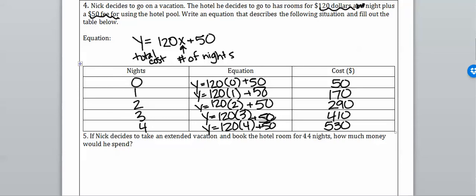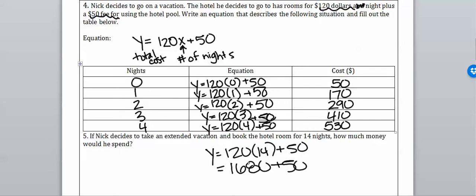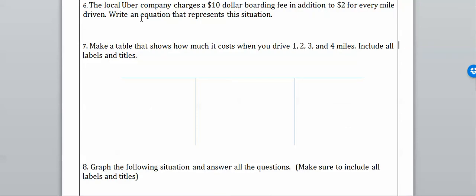So if he would decide to stay for 14 nights, then we take our equation, plug 14 in, and we take 120 times 14, and we get 1,680, add 50 on, and we get his grand total, his cost would be $1,730.